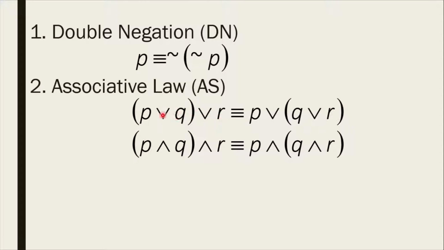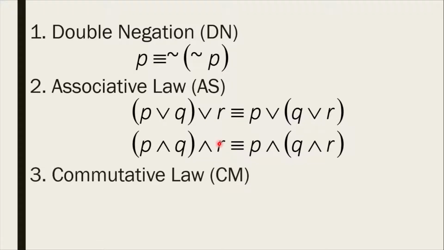As you notice here, in this statement, P or Q is grouped as one, and it was regrouped into Q or R. And same also with the conjunction, P and Q is grouped as one, but it is just equivalent when we regroup it using Q and R. So the truth values of these two statements are just the same.